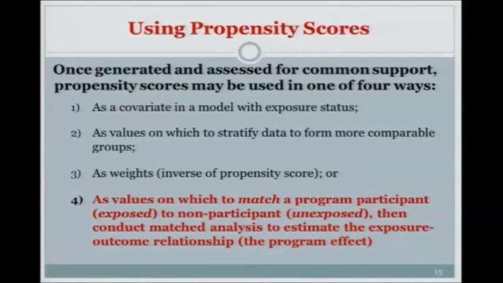But anyway, 1 through 3 we're not going to talk about today because a lot of the literature says that propensity score matching is really the most rigorous one. So that's what we're going to talk about today, actually matching one program participant to a non-participant based on their propensity score. Okay? Because this one is really the one that's most true to the issue of common support, because you can only match somebody that you have a match for, right?